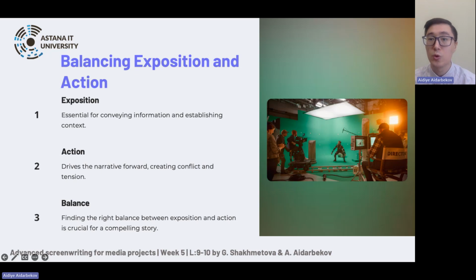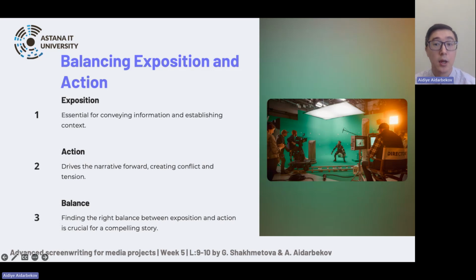Even when you're watching action-packed movies like John Wick or the movies with Jason Statham, you will see that they still take a pause and show some exposition scenes, dialogue scenes, emotional scenes, because it's hard for the audience to watch only action all the time. Or vice versa, even in doramas, in Turkish TV series, you'll see a lot of exposition, a lot of scenes where characters just look at each other and talk about their feelings and emotions.